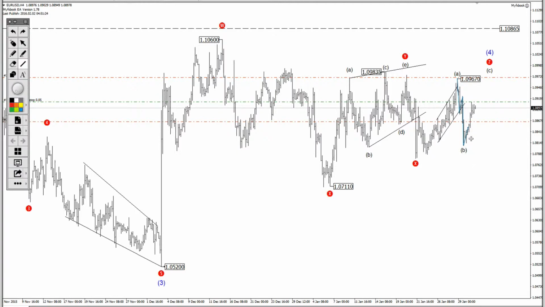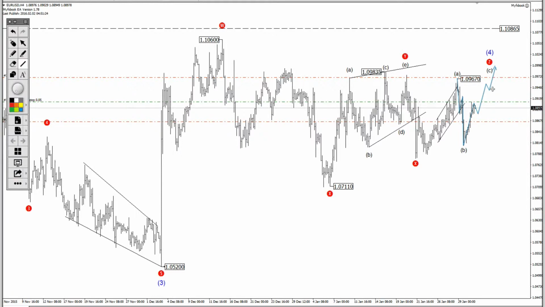We had more upside and now I'm thinking that we can expect a five-wave structure for the C wave, perhaps towards the 110 level, maybe near 110. Even our take profit is at 109.7.